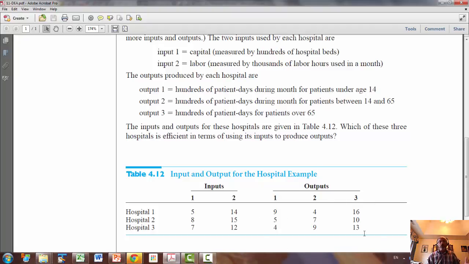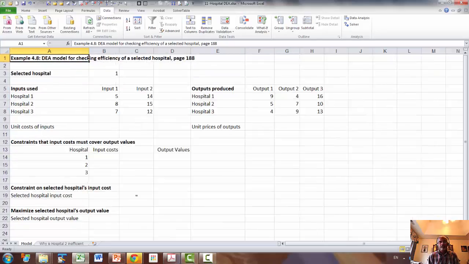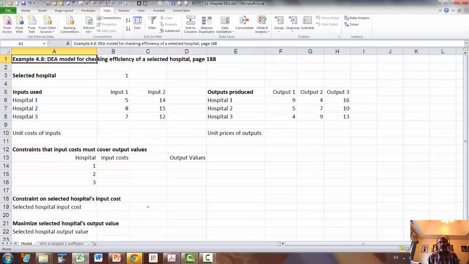And now we want to price these inputs and outputs in the best possible way, such that for a given hospital, what is the efficiency rating? That's what we want to find out. So let's go to the Excel file. Okay.